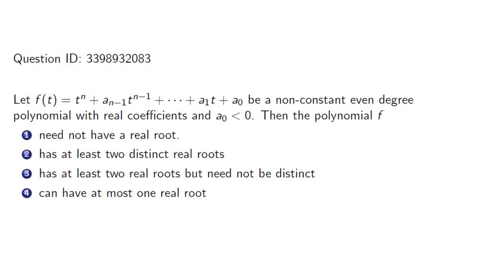Number 2, f has at least two distinct real roots, which is true as we have seen from our previous discussions, and they have to be of opposite signs and thus they can't be equal, and this cancels our third and fourth options, and finally option 2 is our only correct option.